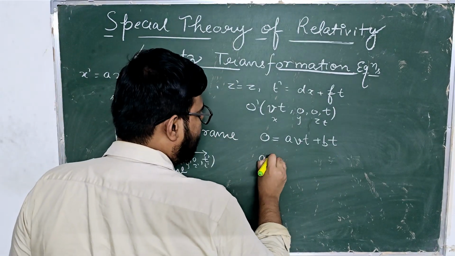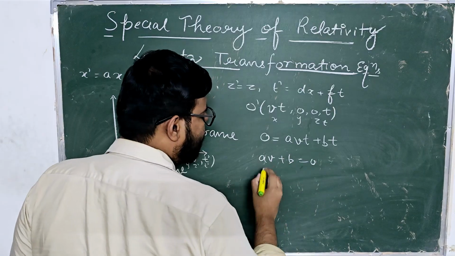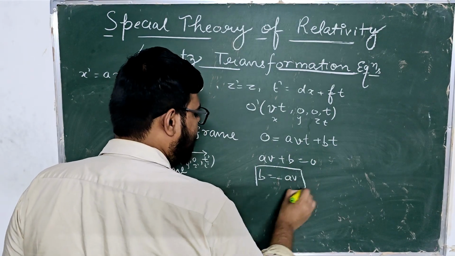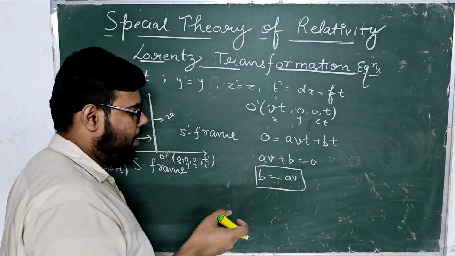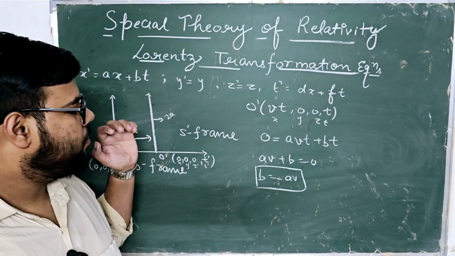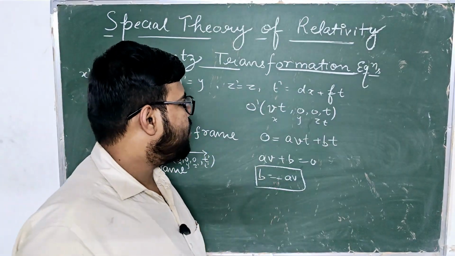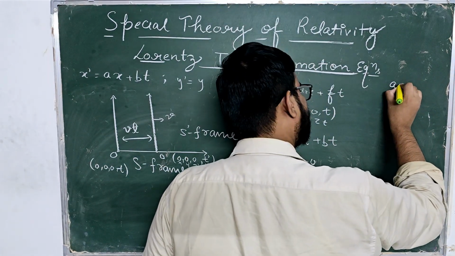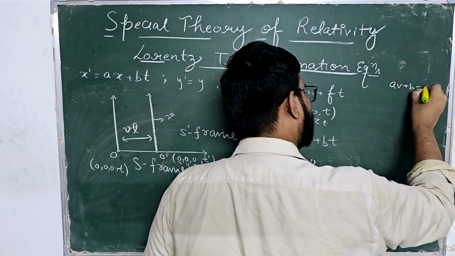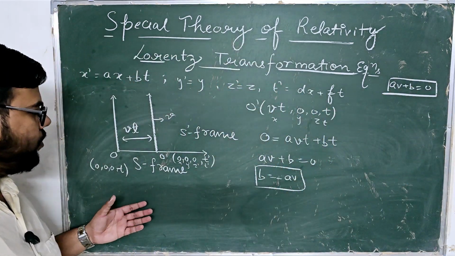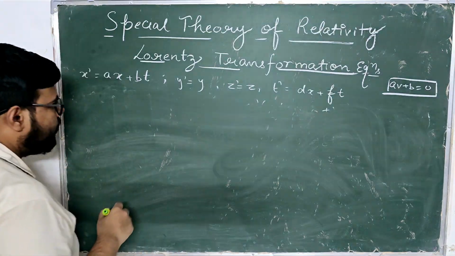So we will have av plus b is equal to 0. So we get the relation b is equal to negative av. So let's keep this equation in mind, and let's move to the second equation. Either remember this, or let me write it. Now let me erase this and move to the second equation.